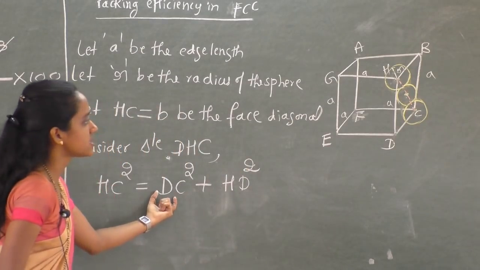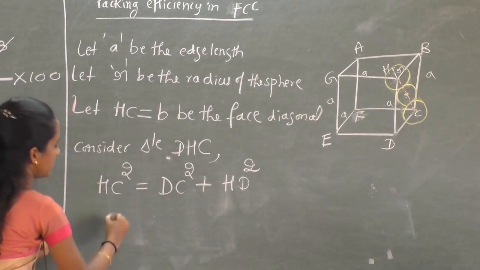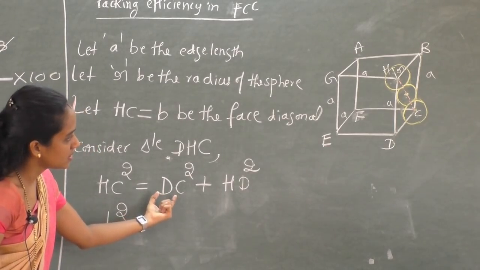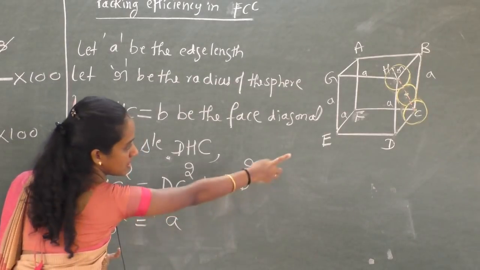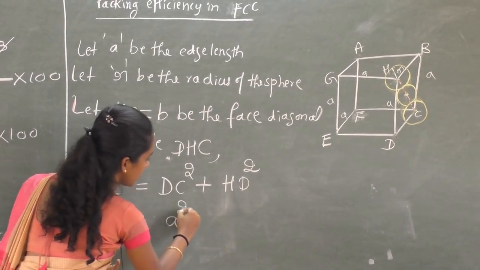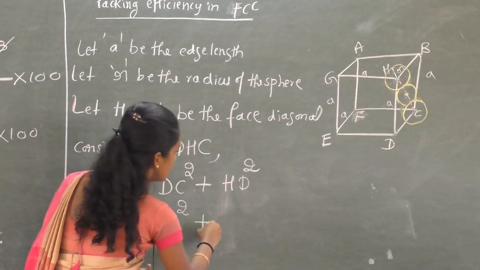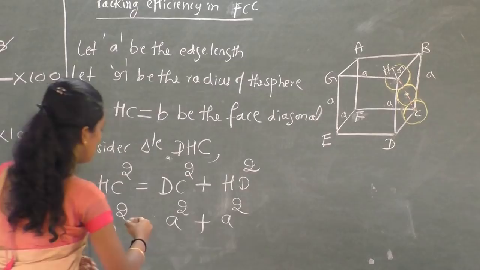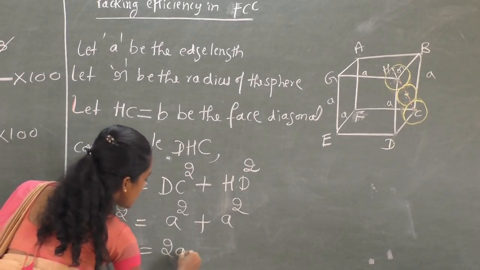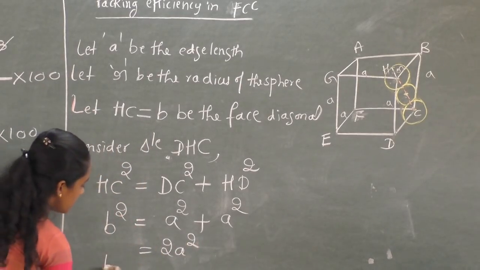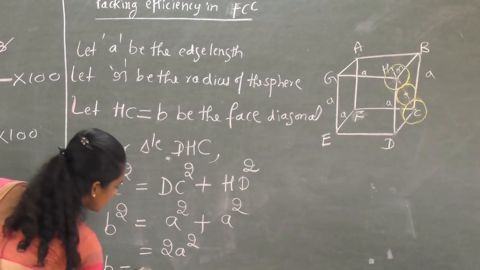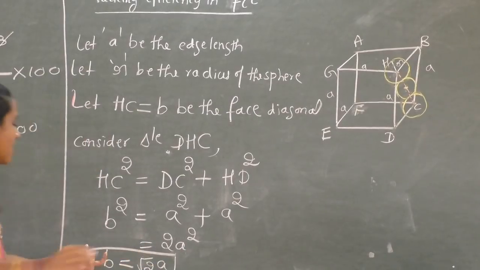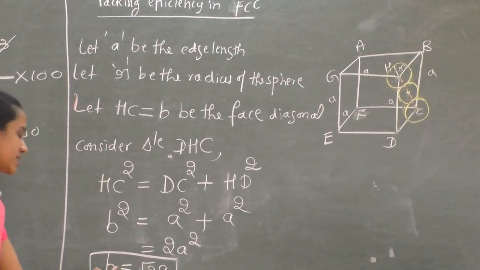Now, what is HC here? It is b. b square is equal to, what is DC? It is an edge, its length is A, so A square plus, what is HD? It is also A. So it is equal to 2A square, or we can write b is equal to square root of 2 into A.